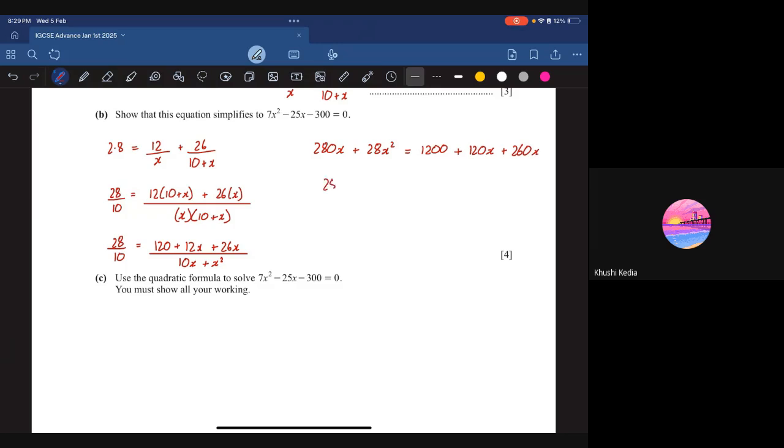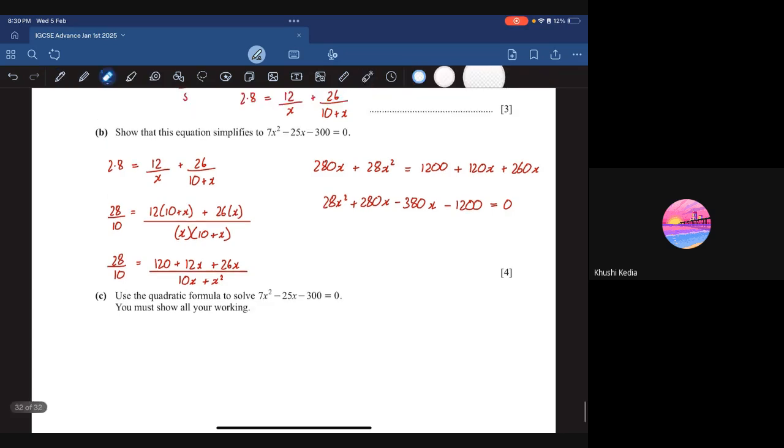So I'm going to get 28x squared plus 280x. And if I add all of this up, so that is what? This is 380, I think, yeah. So this is 380x minus 380x minus 1200. Now, Kushi's method and my method are different, but they're going to simplify the same way.